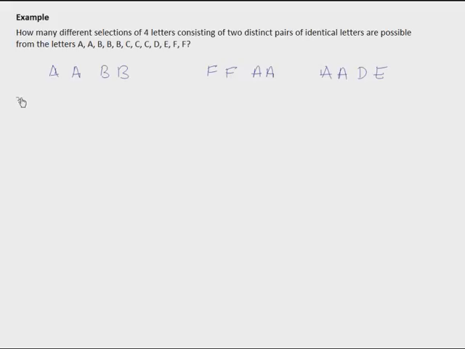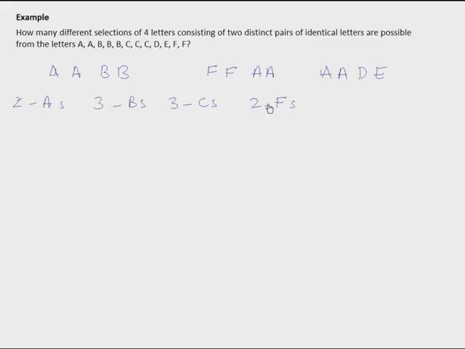Well, there are 2 A's, there are 3 B's, there are 3 C's, and there are 2 F's. So these 4 letters can provide me with a pair of letters. The letters D and E cannot operate in this scenario because there's just one of each.